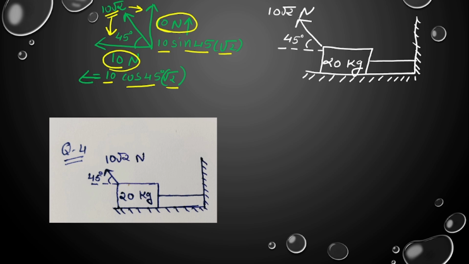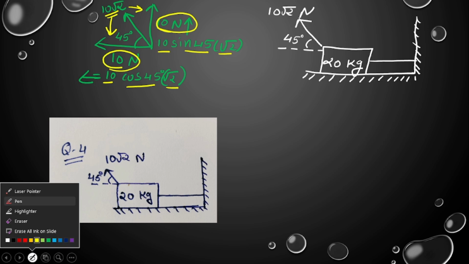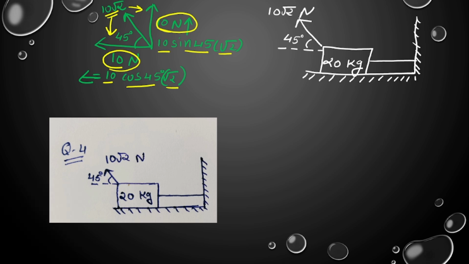So instead of writing 10 Newton in this direction, at angle 45 degrees from the horizontal, I am making it a 10 Newton in vertical direction, okay, and 10 Newton in horizontal direction.